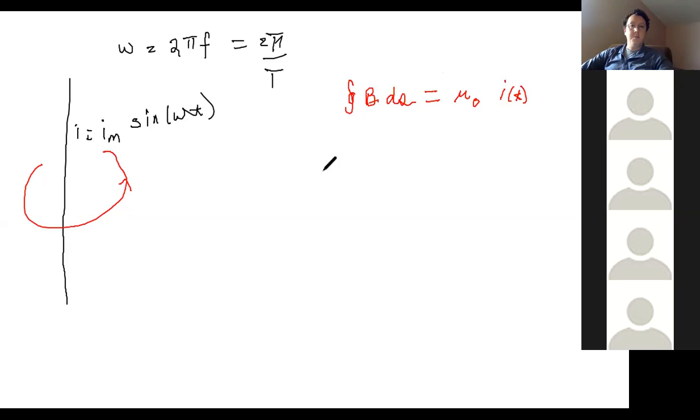Because of the symmetry of the problem, I know I can write that as B times 2 pi r equals mu naught times I. So the magnetic field as a function of everything is mu naught times I, which is a function of t, divided by 2 pi r.